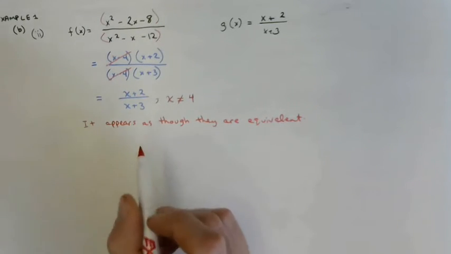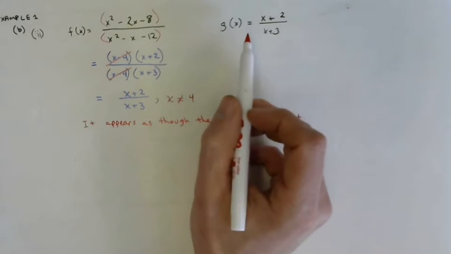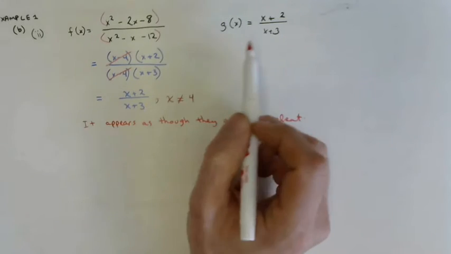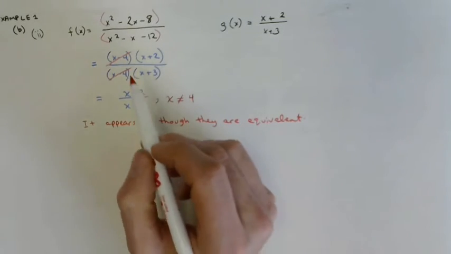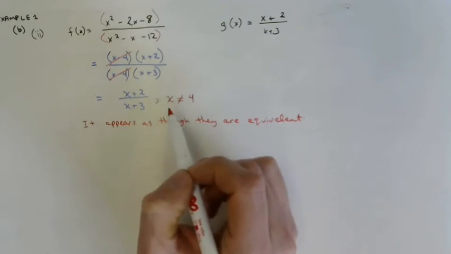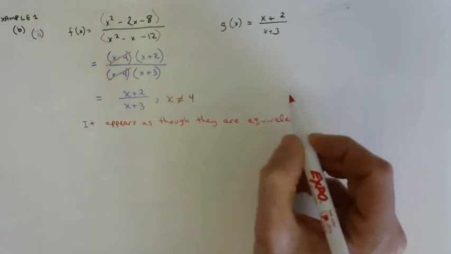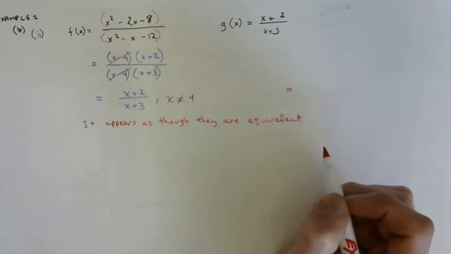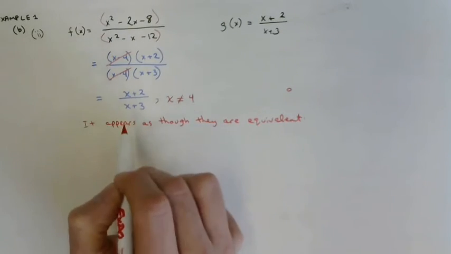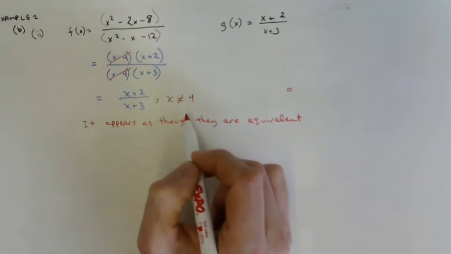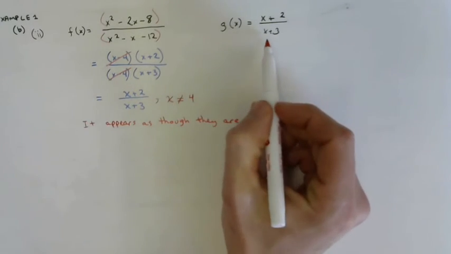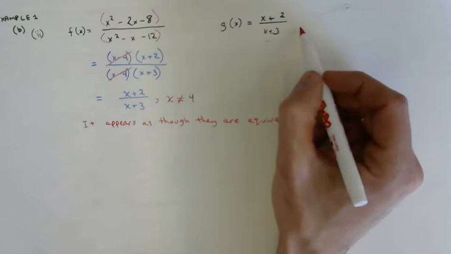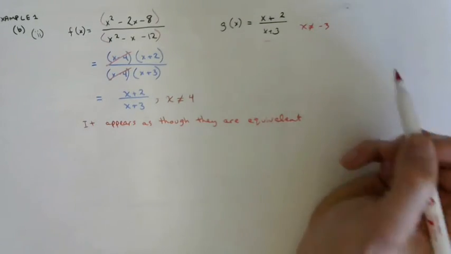Okay? So what's the difference between f of x and g of x? Well, they're both rational functions, and they both are actually the exact same curve, but for f of x, if you follow the curve and you get to x equals 4, there's a gap there. There's a hole. It doesn't exist in this function. It factored out, but it still doesn't exist. Whereas in here, x equals 4 is not a restriction. X could be 4. Here, the only thing that x can't be is -3.